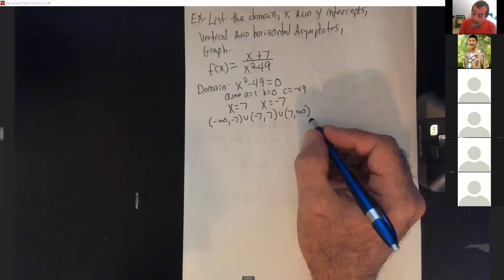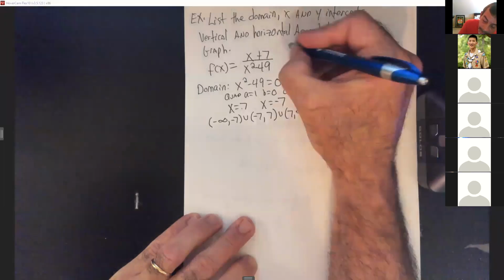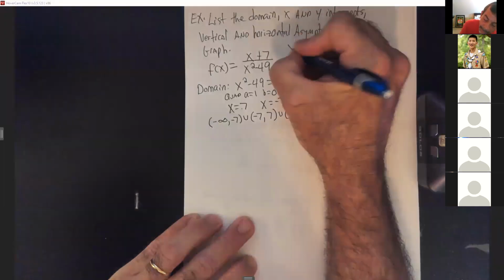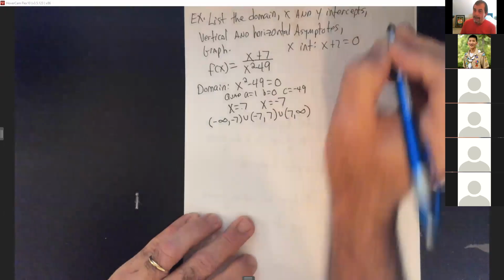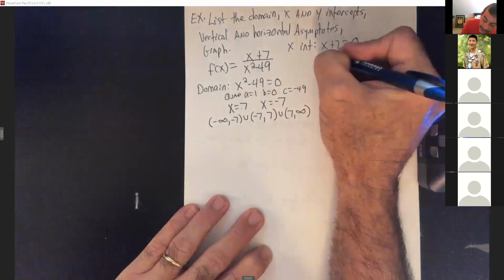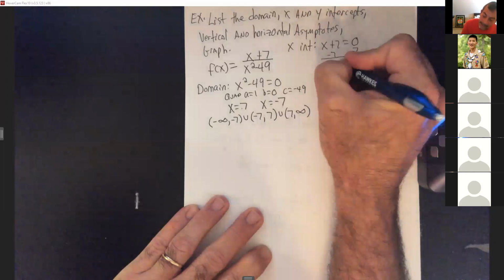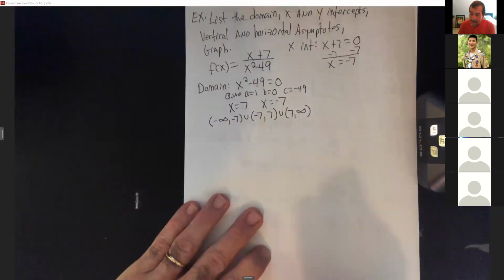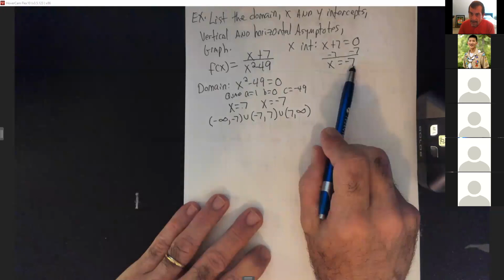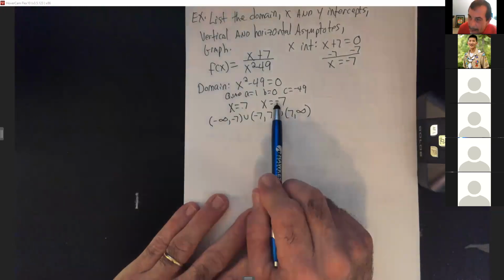Now it says x and y intercepts. To find x-intercepts, I would set the top equal to 0. So I'm going to set x plus 7 equal to 0, and solve that by subtracting 7. That gives me x equals negative 7. Uh-oh, what happened though? I got a negative 7 on top, and I had a negative 7 on the bottom, right?